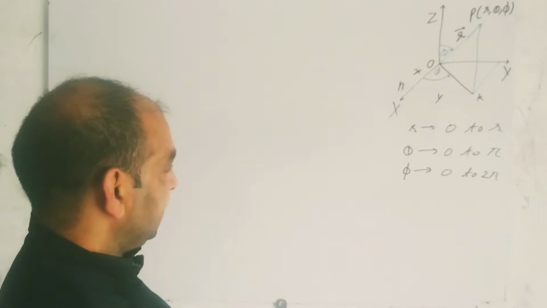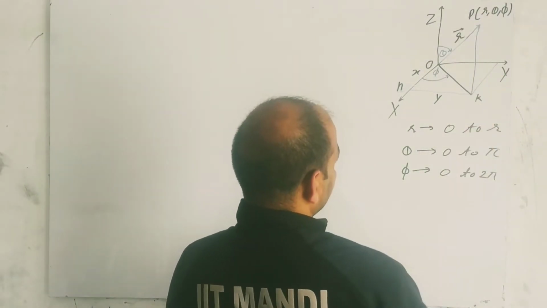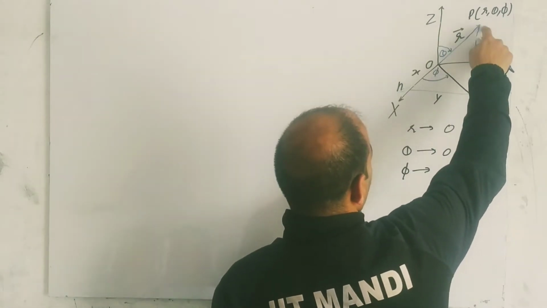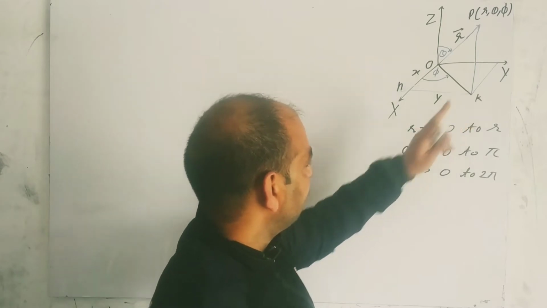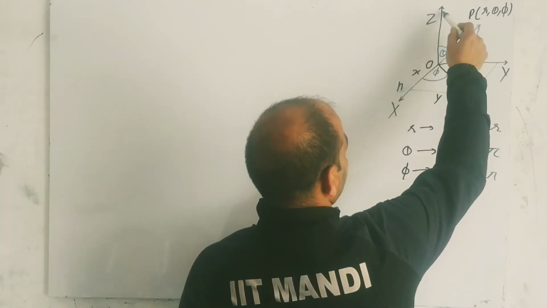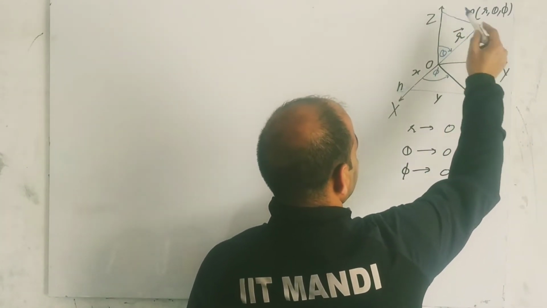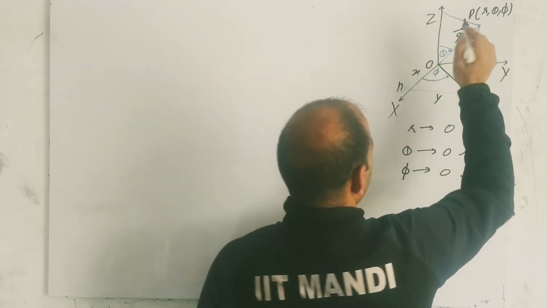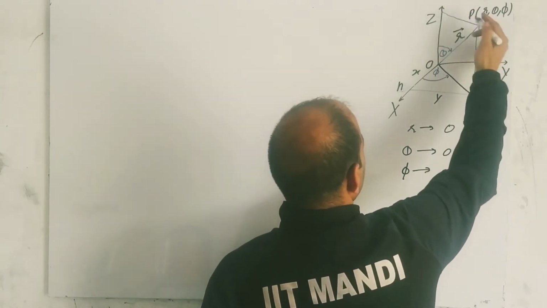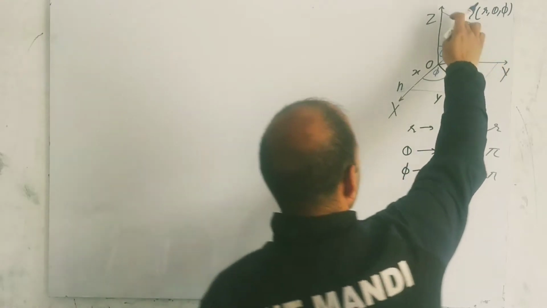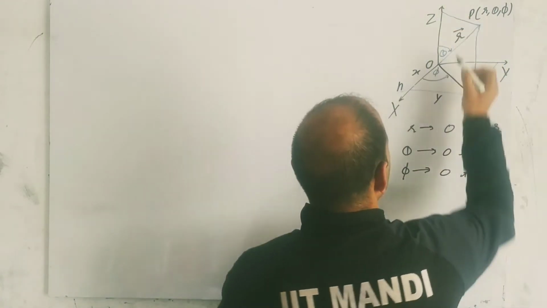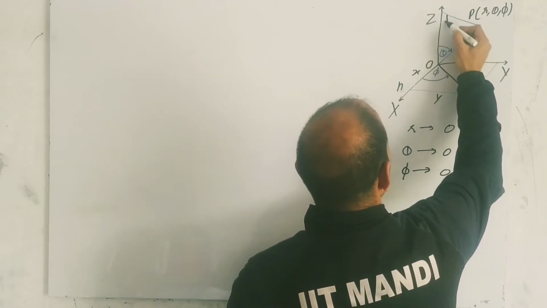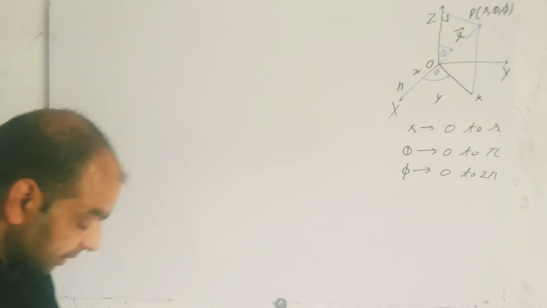Now we will draw a line from this point P to the z axis, which will be parallel to this. I am drawing it here like this. The angle made by this line with the z axis is going to be 90 degrees.